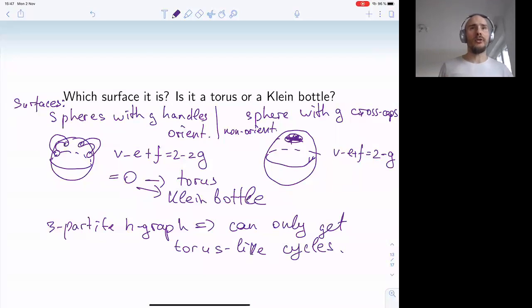So surprisingly we can get only tori. There is no way to construct a projective plane or a Klein bottle along these lines, trying to find this topological cycle and gluing the spheres on it. So it's quite surprising.